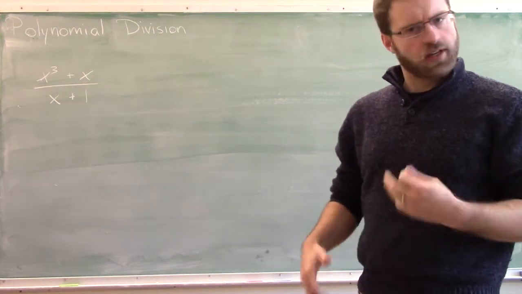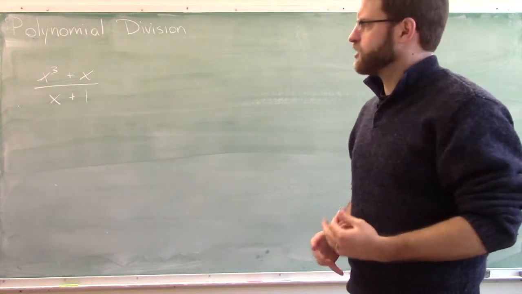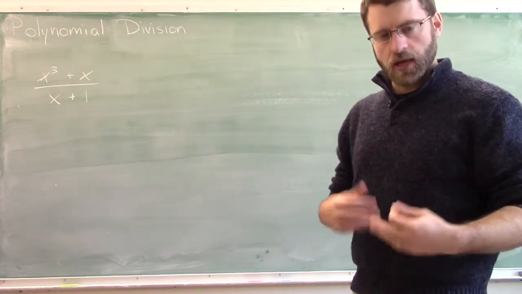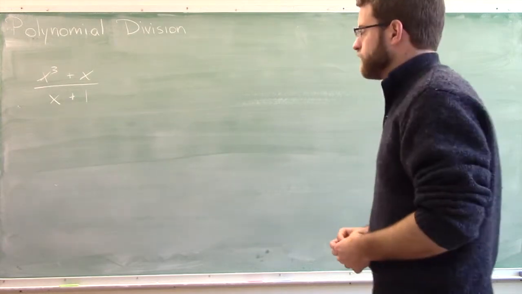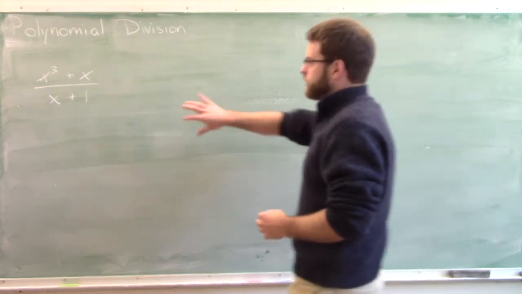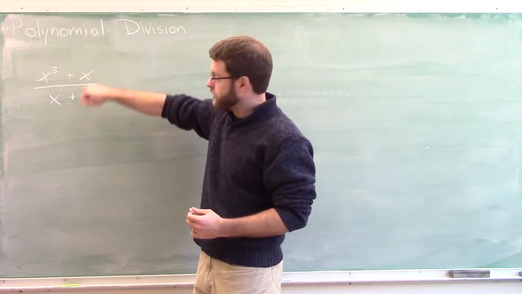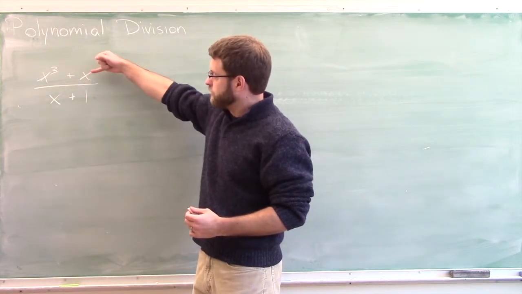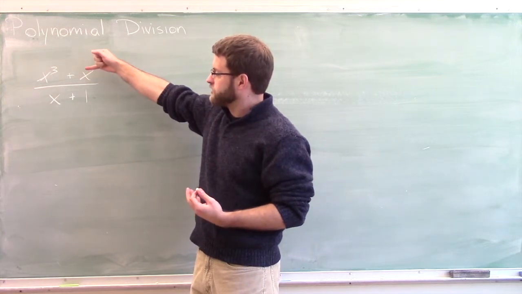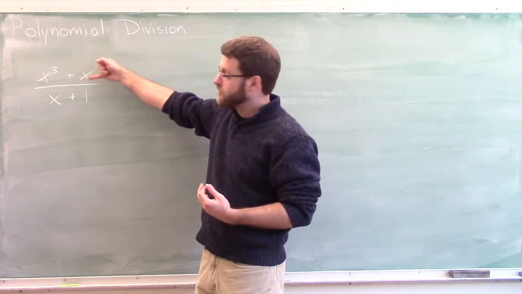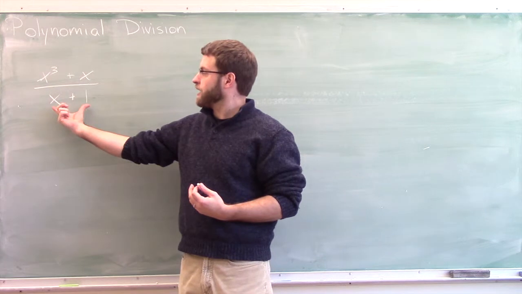This example isn't going to come out particularly nice, but it's going to show you how you set up and execute polynomial division. When I look at this rational expression, I have the numerator and the denominator. If we wanted to read this out, we'd say x cubed plus x all divided by x plus 1.